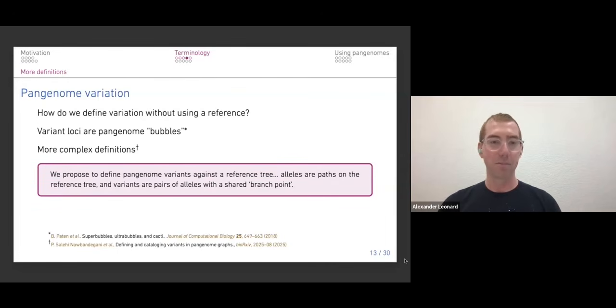Again, this is something that everyone almost takes for granted in pangenomics, that how we actually define variation becomes complex, because we're trying to avoid having a single reference that we always project insertions or deletions back onto. Keeping it much more general, certainly in a graph or in the other types of pangenomes, becomes much more confusing.